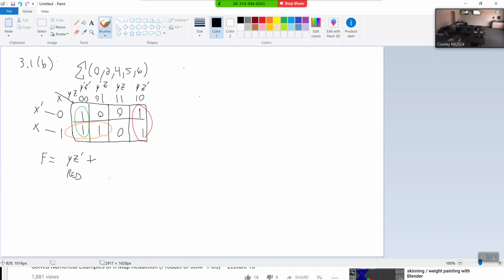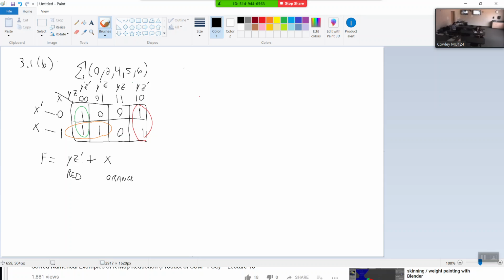Okay, now if I look at the orange. The orange is the bottom two right here. Well, first off, what can I say about x? It's not prime, and they're both the same, aren't they? Which means there's going to be an x here.